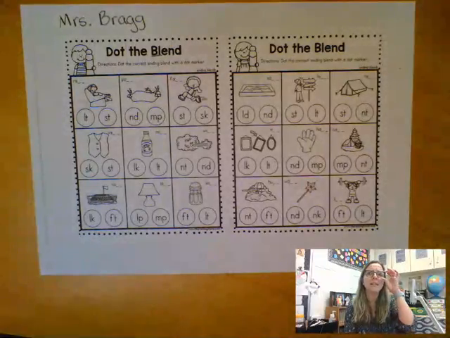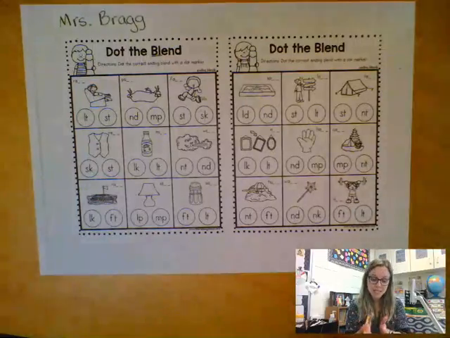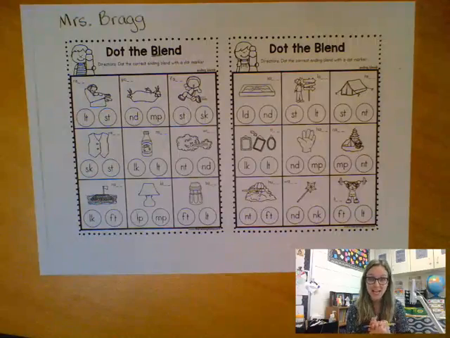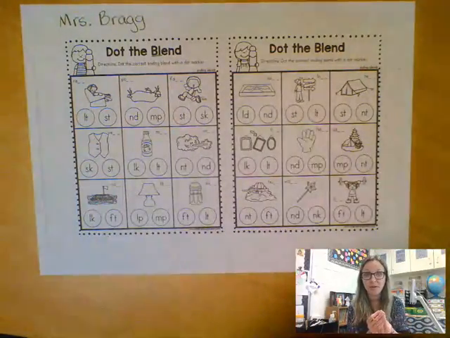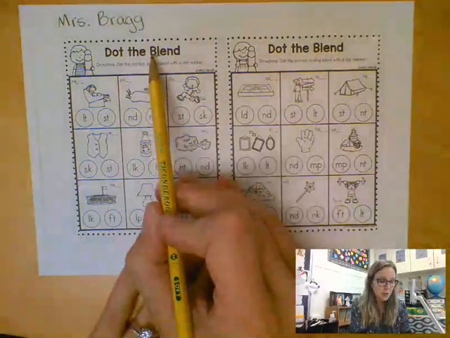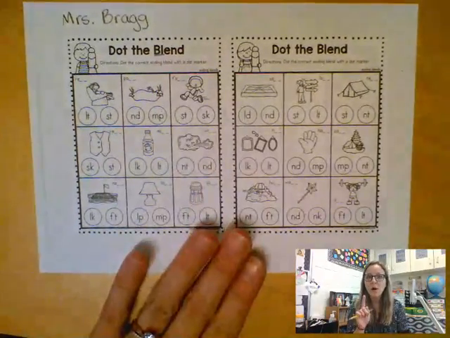Like if we were sounding out the word cat, we would say k, a, t. There's three different sounds. But we've been learning in phonics that sometimes the letters work together to create a sound that goes together. So in the word blend, we hear the bl is like one sound.